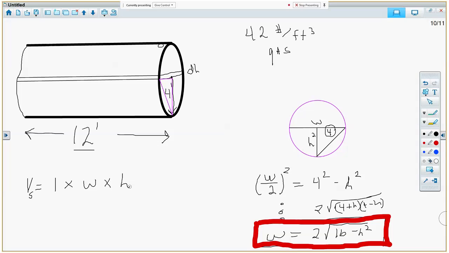Now I want all of you to set your integral up now. So what's the diameter of this tank? 8, good. That's full, so 0 to what? 0 to 8.